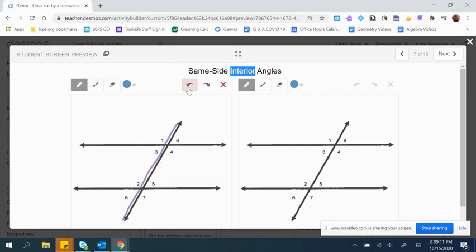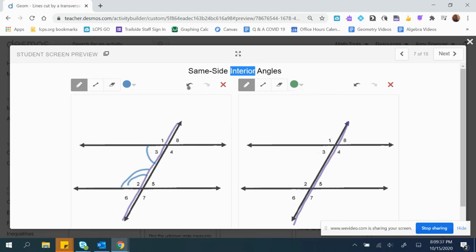So to be on that same side, maybe you're looking at angle 3, and then also to be in between, well, that would be angle 2. See, they're both on the left of the transversal, but they're still in between those two horizontals. They're in between the multiple lines. The other scenario that you could have for this, again, if you consider where that transversal is, and I'm talking about the transversal here that's highlighted in purple, so that we're on the same page.